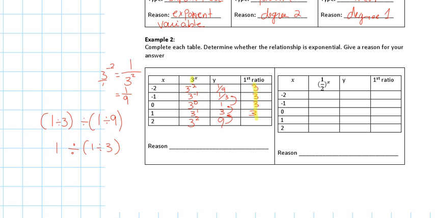Is it exponential? Yes. Because the first ratio is constant. You guys have to write these sentences. If you write it's constant, I would ask what is constant. You're going to have to write the full sentence. Okay?